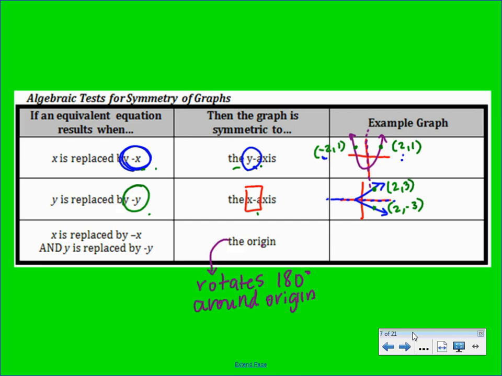Y equals x, a diagonal line. Yes, that would work. I'm going to do one a little bit more interesting. I'm going to do an x cubed graph.